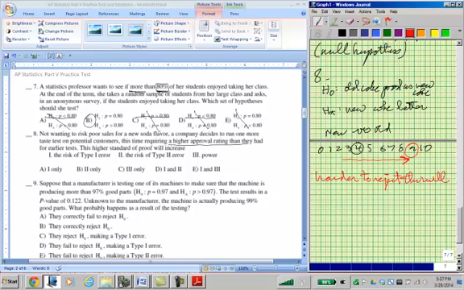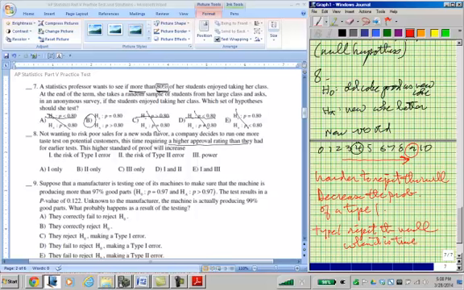Now, what does this do? It decreases the probability of a type 1. In a type 1, you reject the null when it is true.